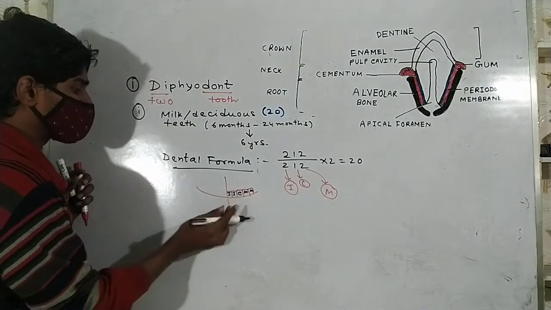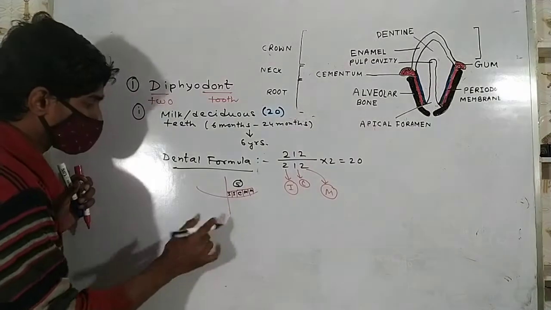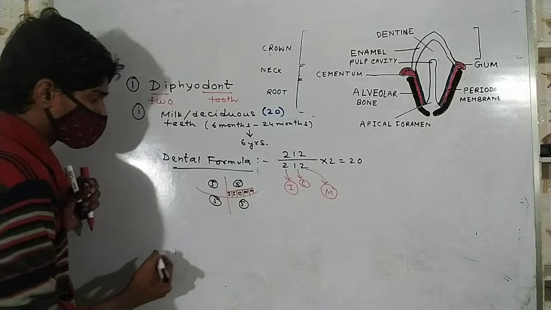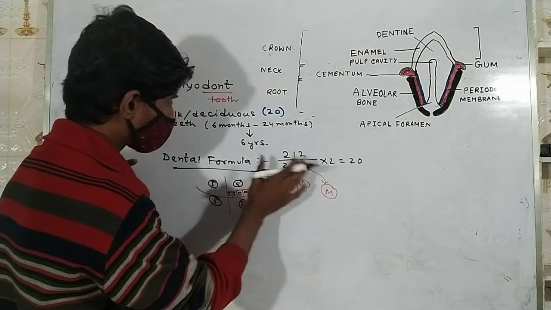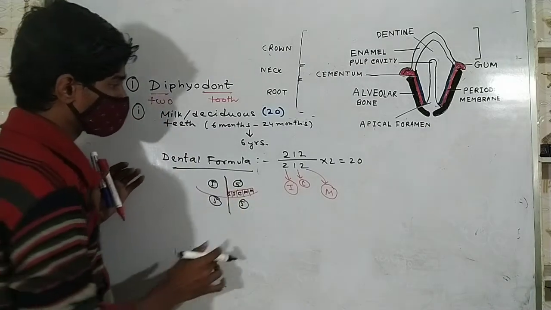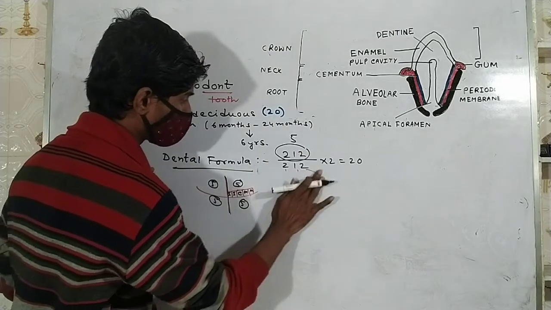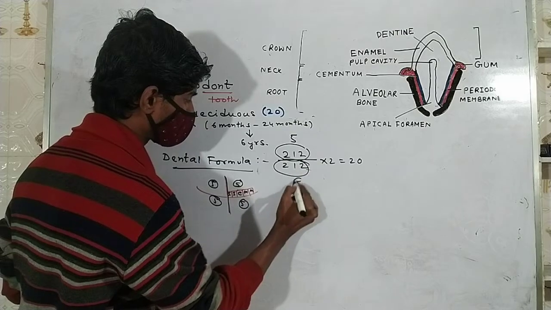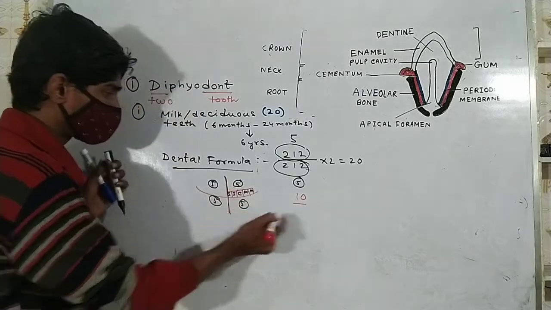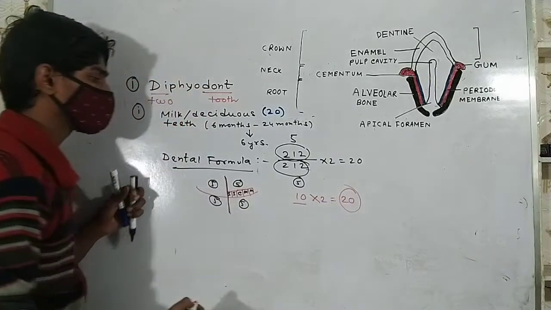So basically you can see that we have 5 teeth in this quadrant, and likewise we have 5 teeth in each of these quadrants. Here we are talking about half of the framework. In the upper region we have 5 teeth, in the lower region we have 5 teeth, which means 10 teeth, and then we multiply it by 2 to get the total number of teeth.